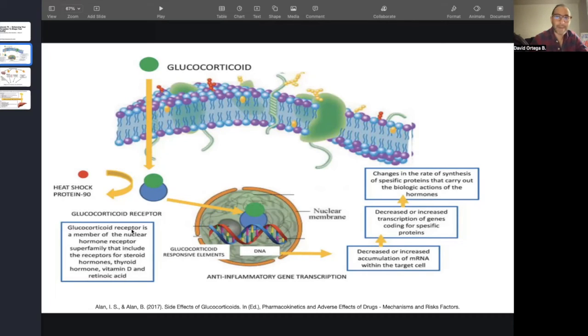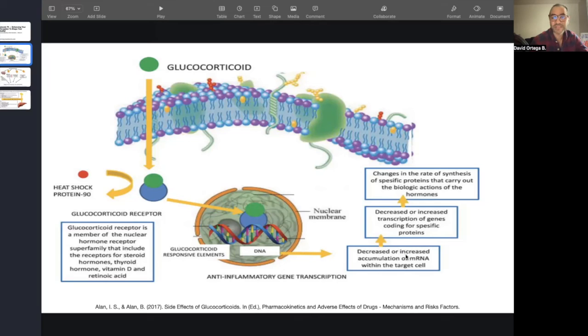If you have an imbalance of your hormones, this is the reason, because these glucocorticoids bind to the receptors of steroid hormones, which include many of your hormones. Thyroid hormones also: hypothyroidism or hyperthyroidism can be secondary causes of the use of these products. So when they bind to these sequences of your DNA, what are they going to do?